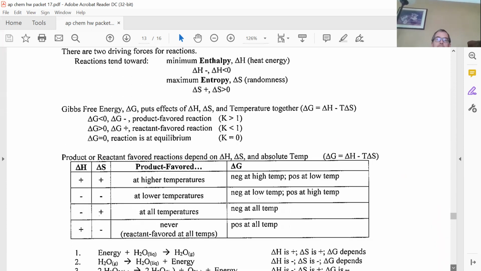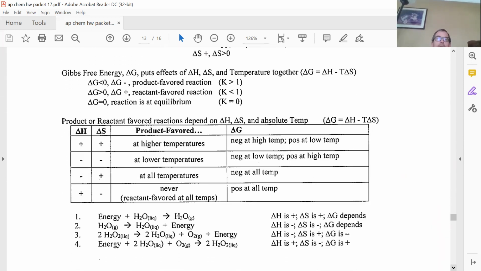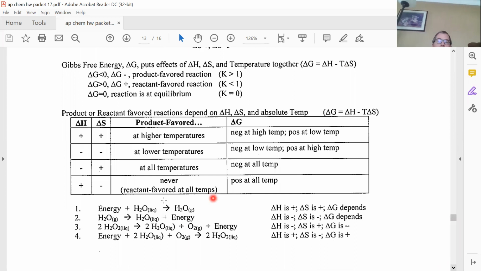Okay, so let's go here, and we have a little diagram with some examples. I'm just going to look at an example when delta H is positive and delta S is positive, and what will delta G be? Well, it will actually depend.